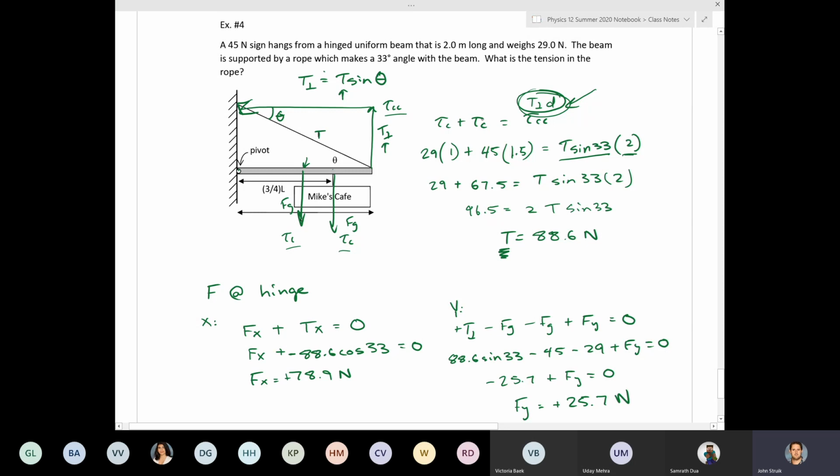Torque is the little tau, the curved T. Okay, just checking. It's T perpendicular times D is torque counterclockwise. That's exactly right. It's the perpendicular tension that causes the torque. Okay, perfect.